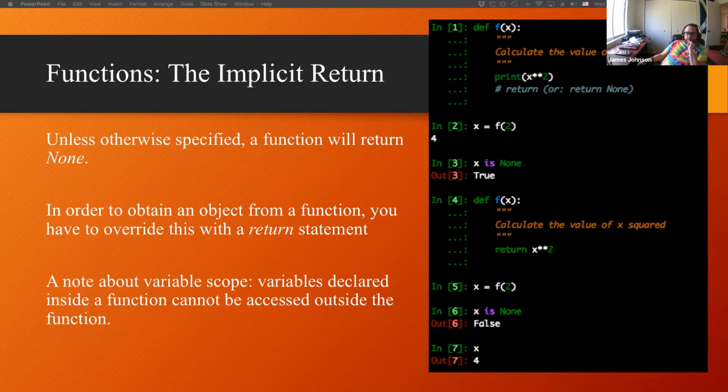The final note about functions is variable scope. If you haven't heard about variable scope before, Maria's question in the chat just now is kind of in this realm a little bit. Can you access a variable from inside a function if you put global in front of it? The keyword global does exactly what the name would suggest: it makes a variable global.